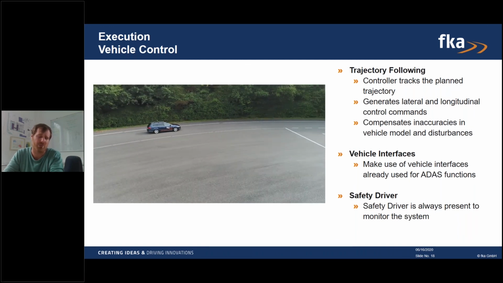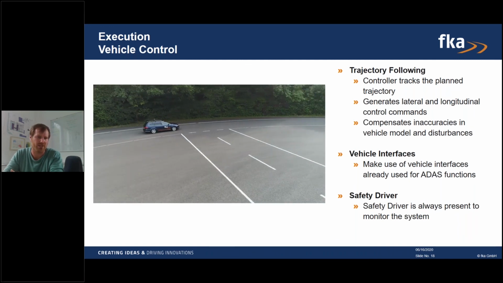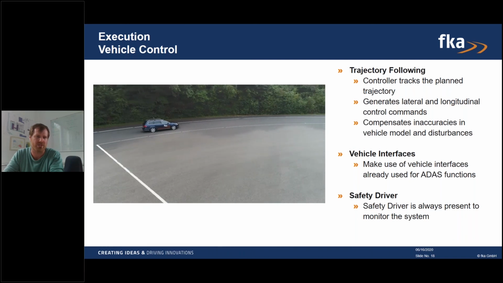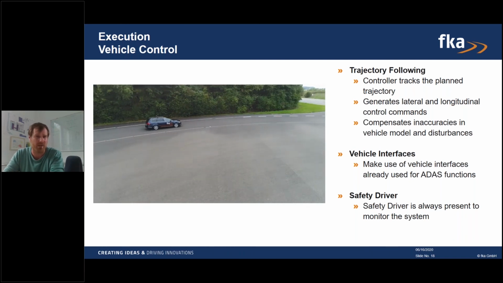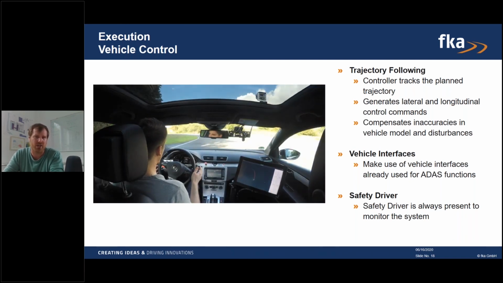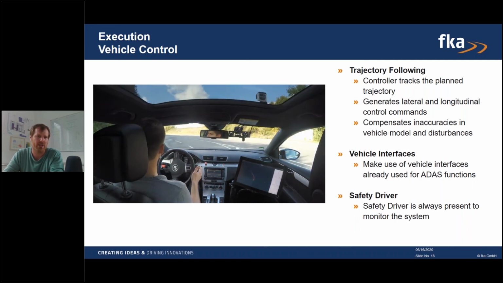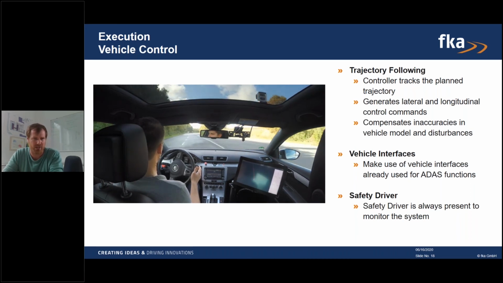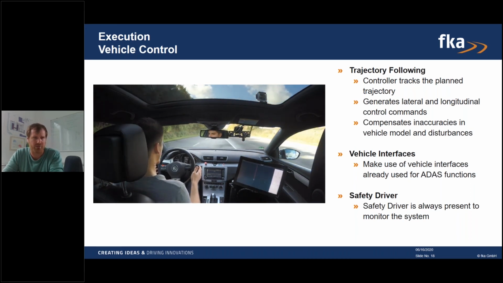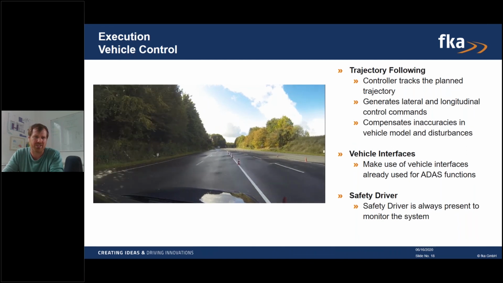For example, it could be that you have a four-wheel steer system, so you can steer all four wheels independently. Then we of course need to generate different lateral and longitudinal commands than for just a single standard vehicle with front axle steering.